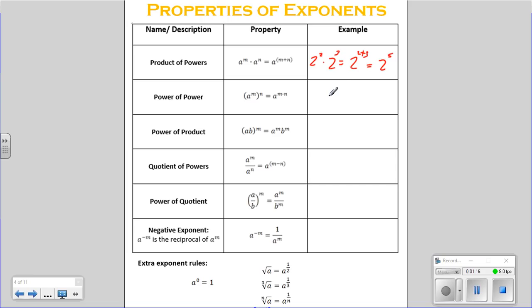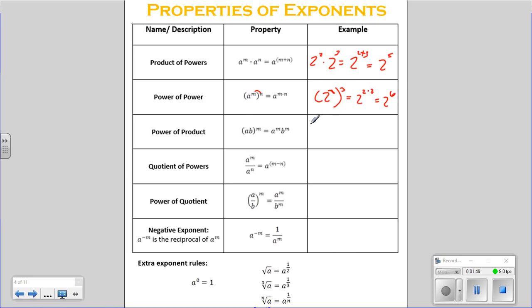So kind of like the distribution property, when you multiply everything inside by a number outside, you're going to distribute the exponent to all exponents inside. So for example, if I have 2 to the second power to the third power, it's going to equal 2 to the power of 2 times 3, which is 2 to the 6th power.